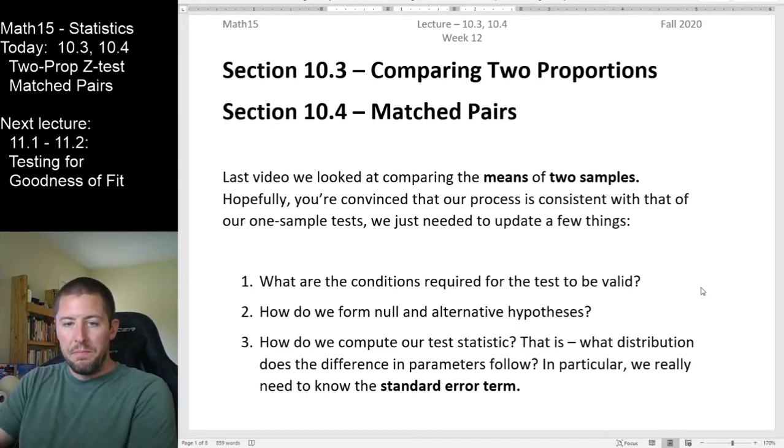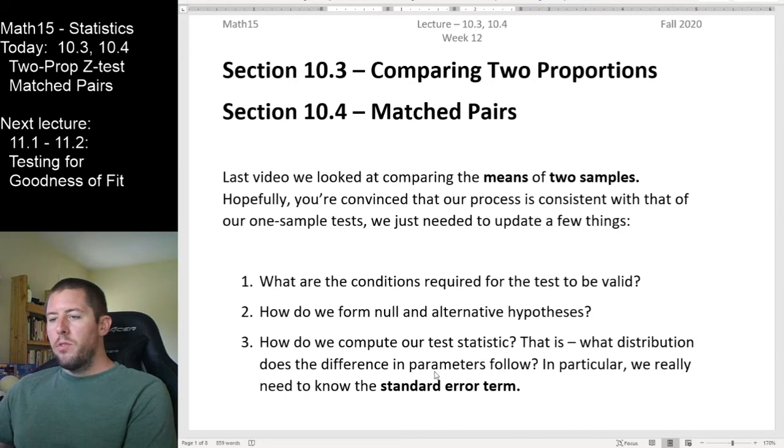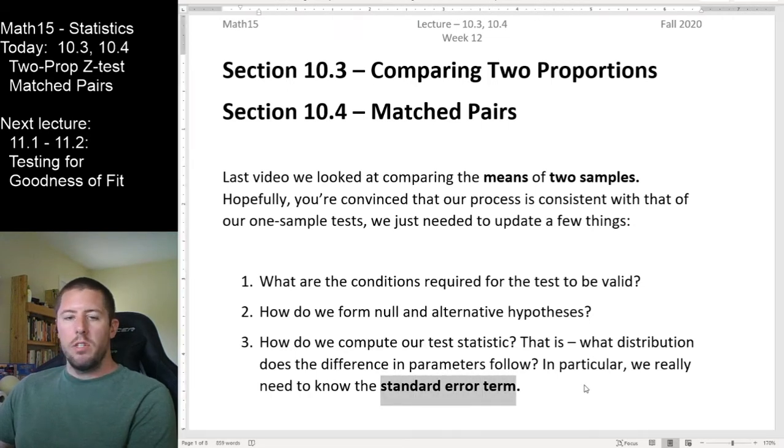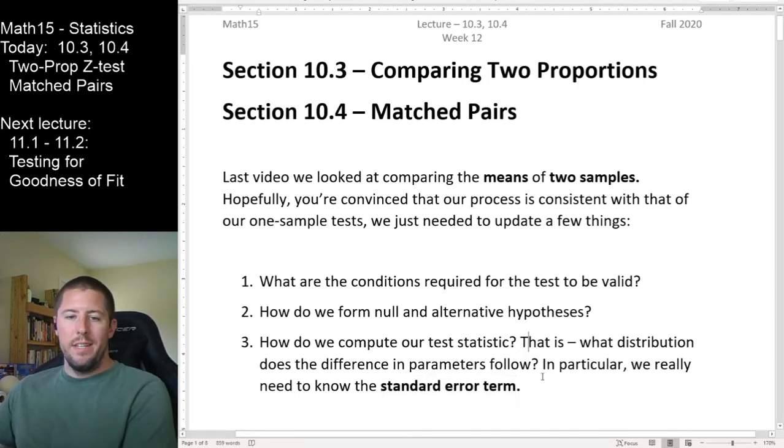However, we'll still compute our p-values and form our conclusions exactly the same way as we have in all of our tests so far. And notice real quick, when I say how do we compute our test statistic, our test statistic always depends on us knowing this standard error term, the term that we're using in place of our standard deviation term. That's really asking the question: what distribution does our difference in parameters follow?